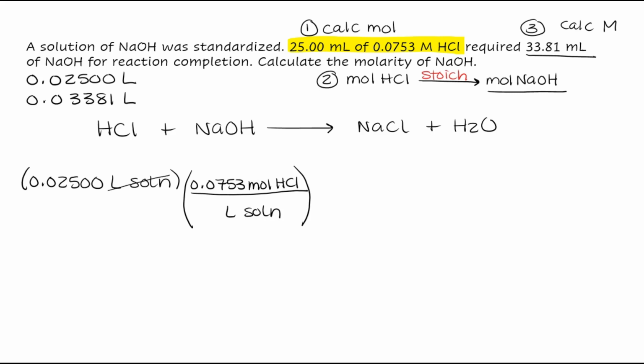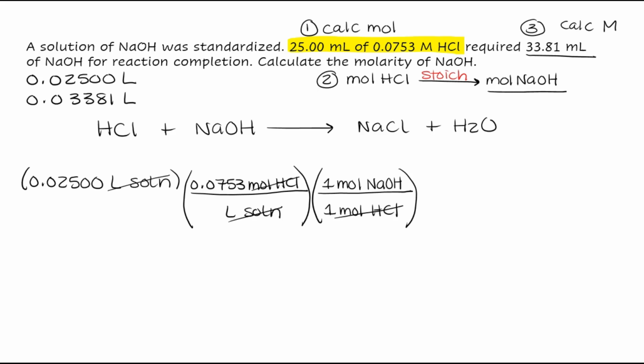So liters of solution will cancel, and at this point we have moles of HCl. Now we'll apply our stoichiometry step. So we have 1 mole of NaOH at the top and 1 mole of HCl at the bottom. Moles of HCl will cancel, and we're now at moles of NaOH.